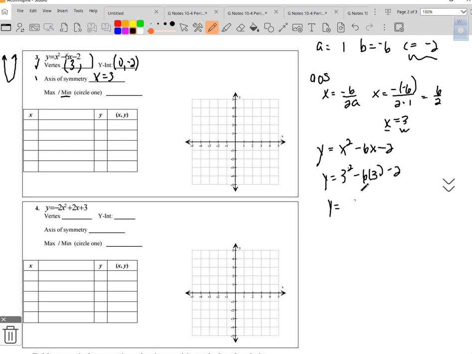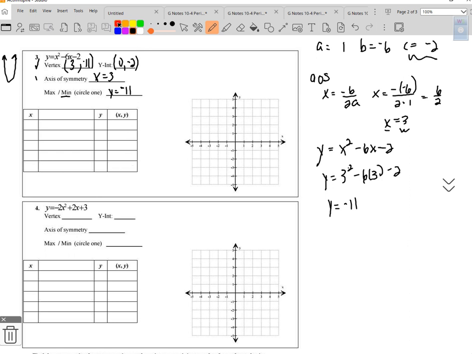And it will give you -11. So our y-coordinate for our vertex is -11, and our minimum y value is going to be -11. So y equals -11. That is the minimum y value, so it can't be anything below that.